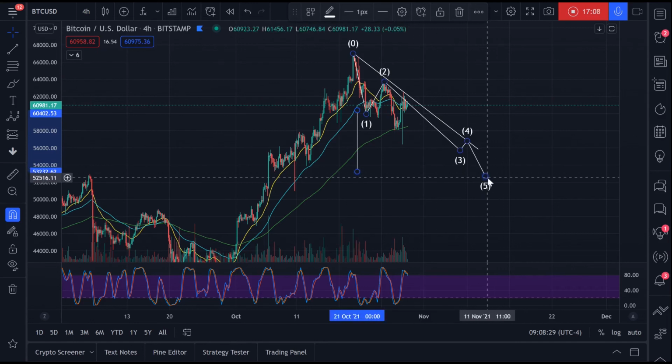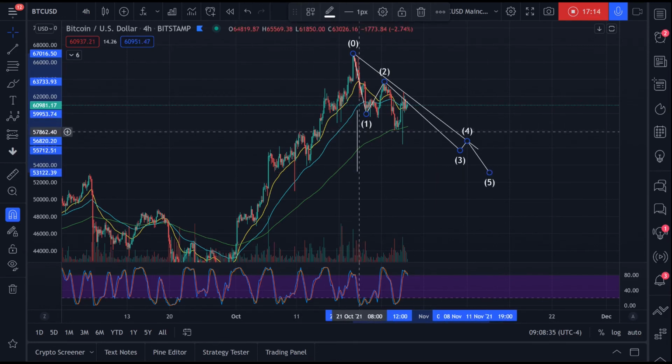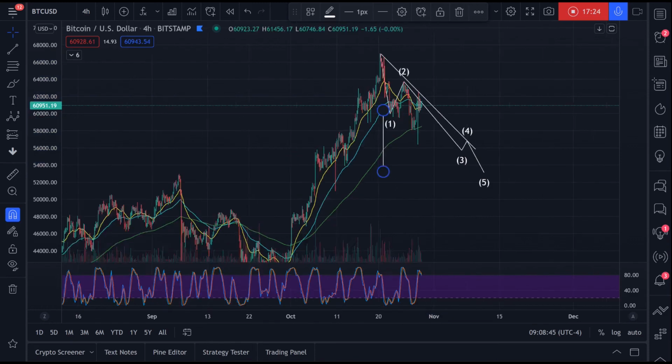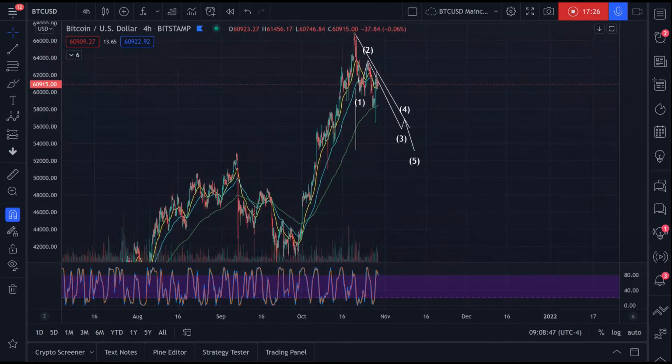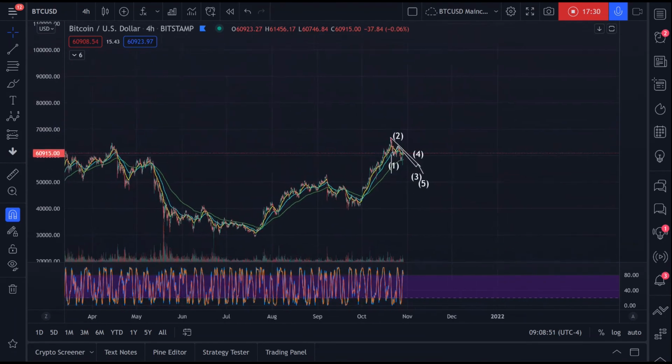That pretty much gives you the whole movement of these 5 waves down, which should be your wave 1, okay? That should be your wave 1 if you're anticipating a larger downtrend. So this is what I'm seeing in Bitcoin.